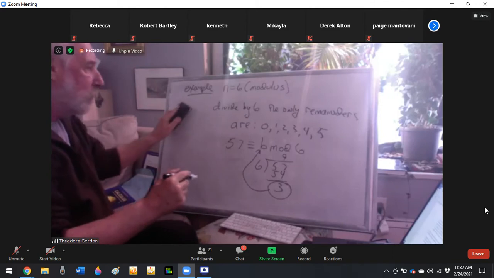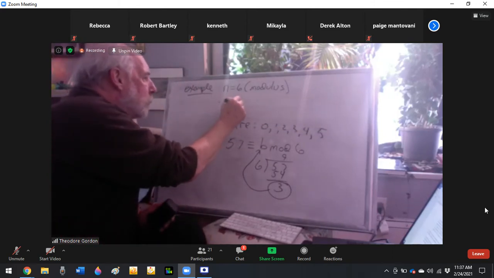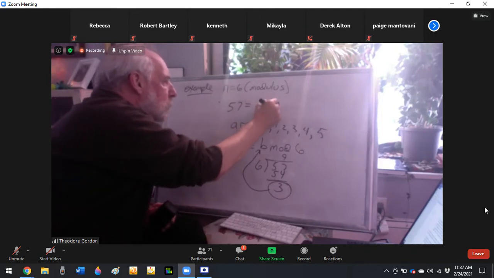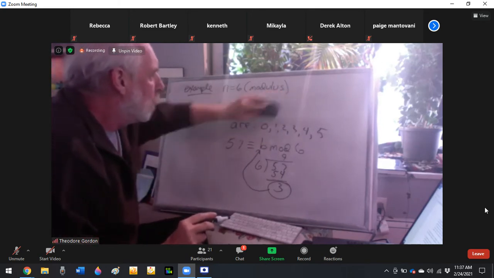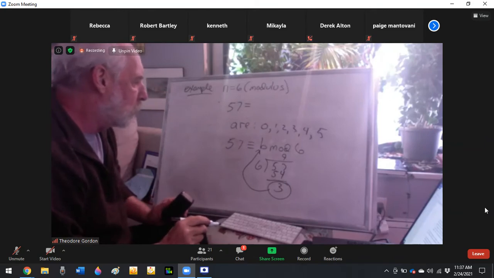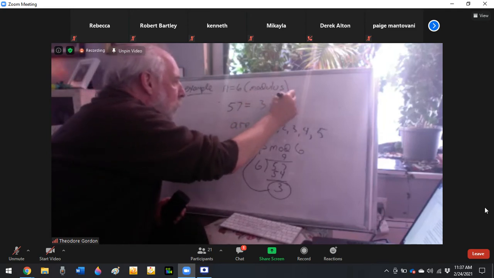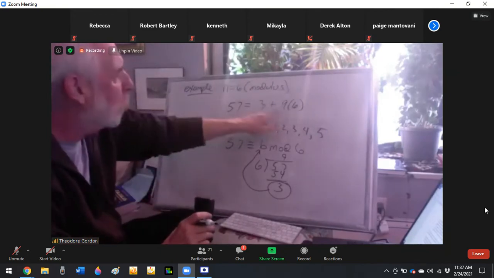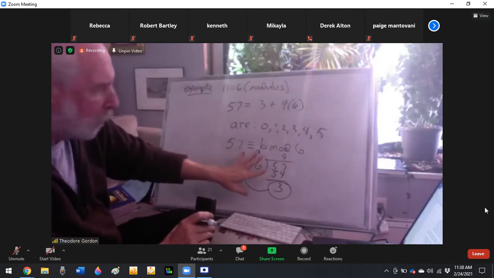Looking at this, 57 is equal to 3 plus 9 times 6. So 9 times 6 is 54, plus 3 gives me 57. That's another way to write this division.